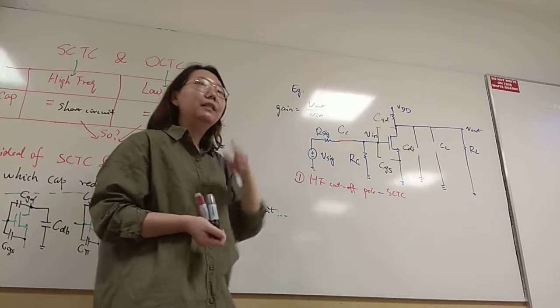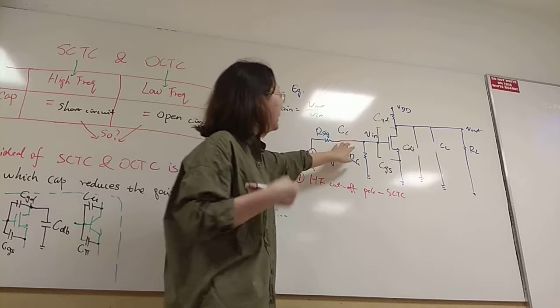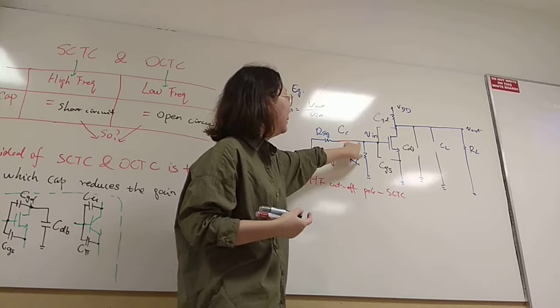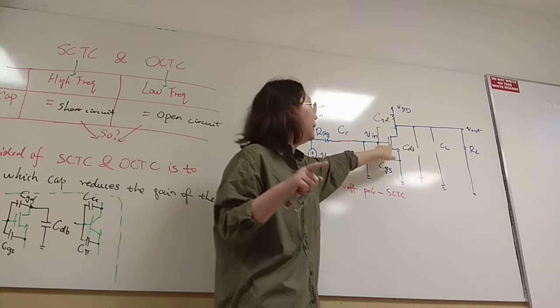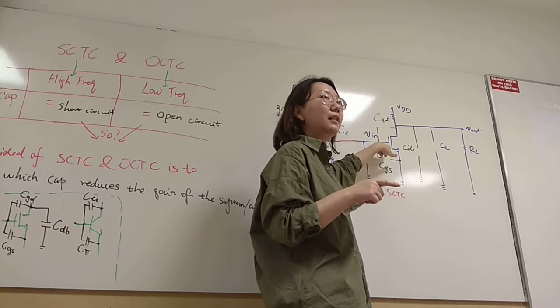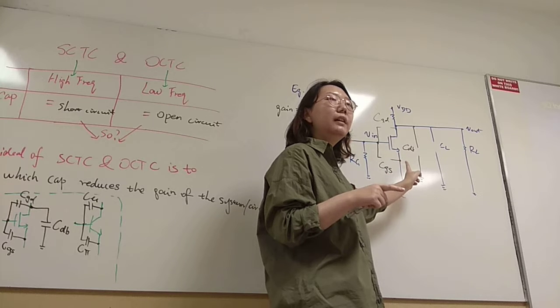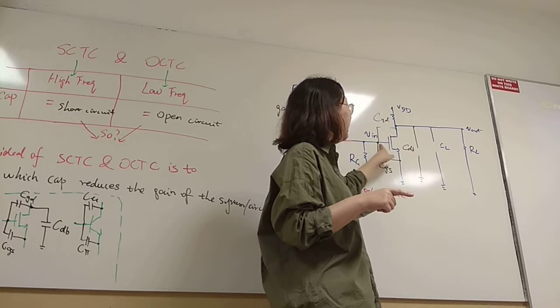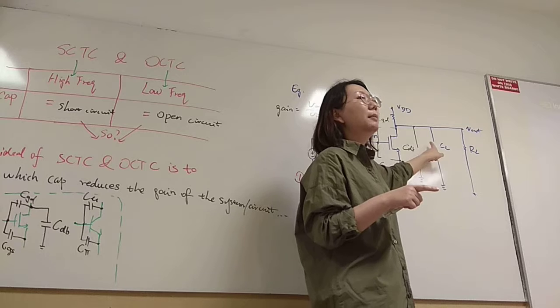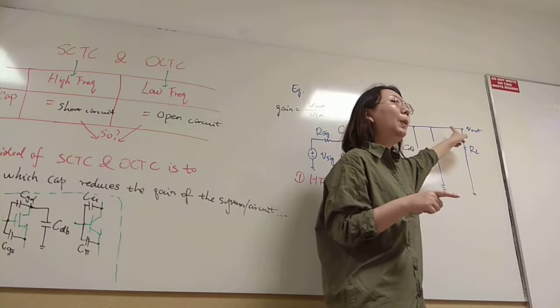Okay, so now I know after I short this CC, my V in will increase. So what will happen after my V in increases? The rest of my circuit is still the same as before, right? So that means my V in will still be amplified by certain amount, then give my V out.